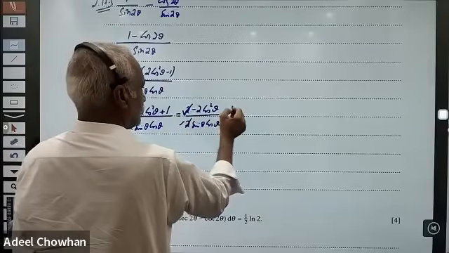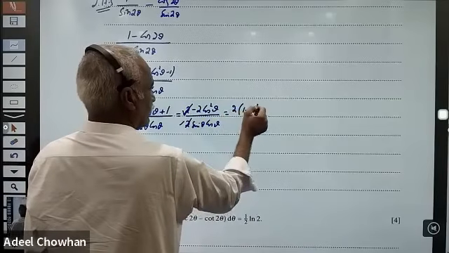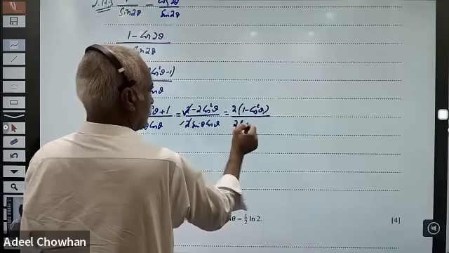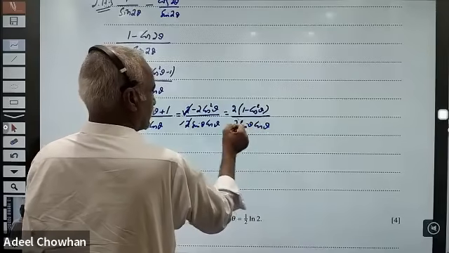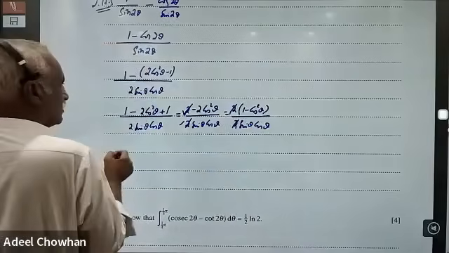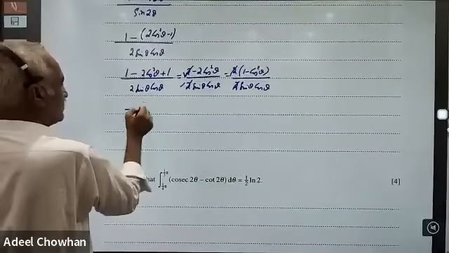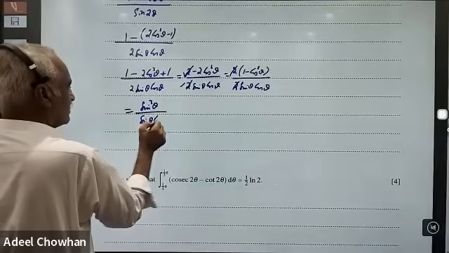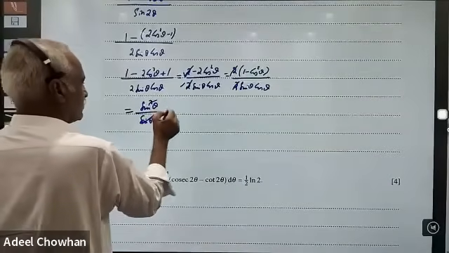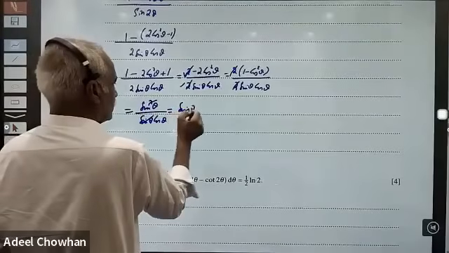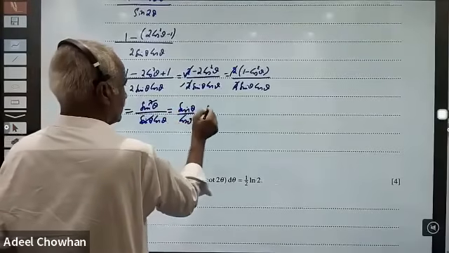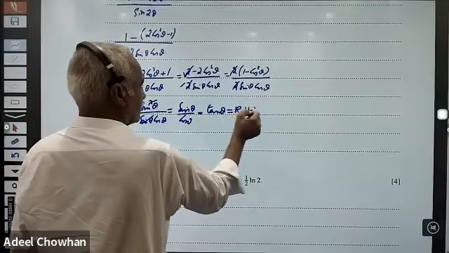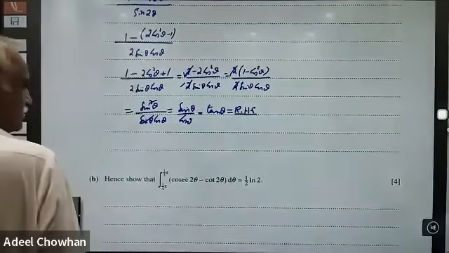This will be equal to 2 common, 1 minus cos square theta over 2 sine theta cos theta. But 1 minus cos square theta is equal to sine square theta over sine theta into cos theta. That is equal to sine theta over cos theta, and that is equal to tangent theta, which is the right hand side of this expression.